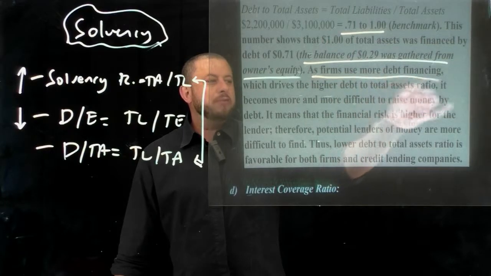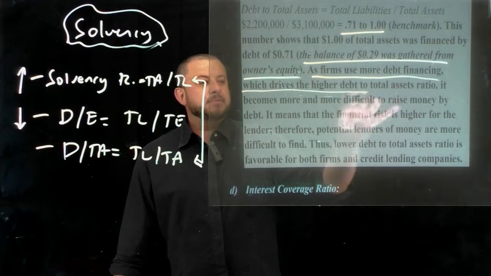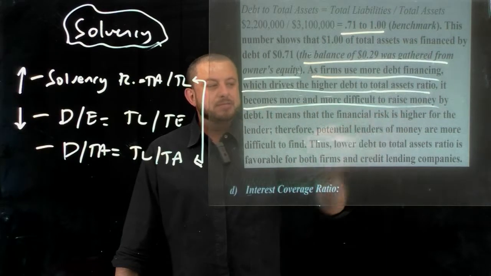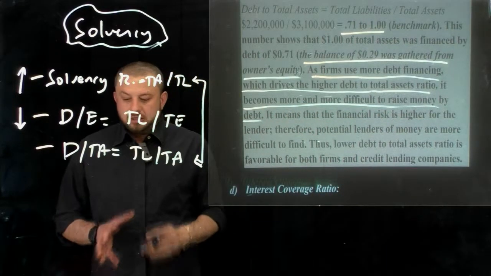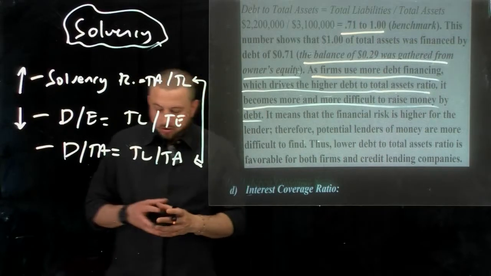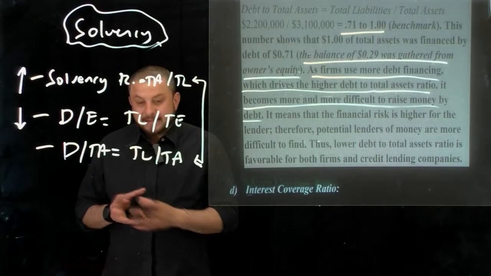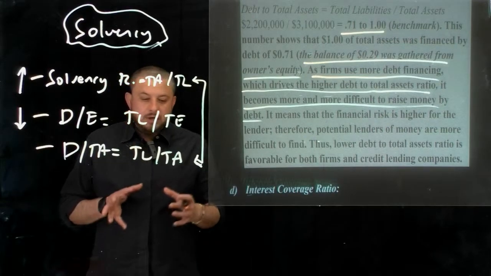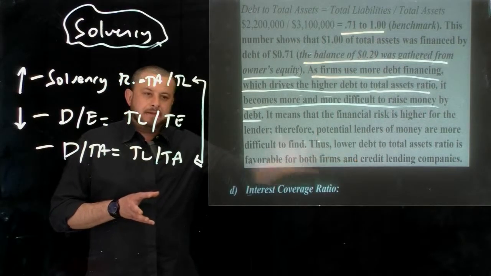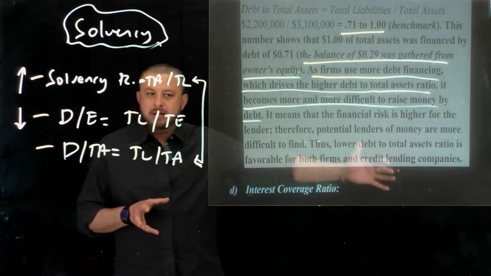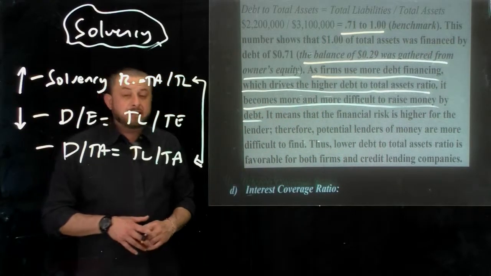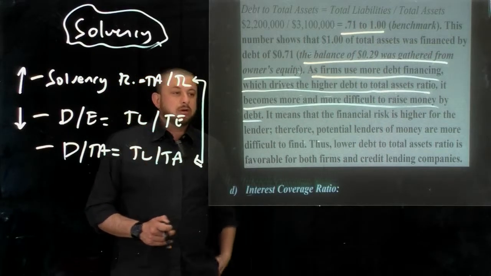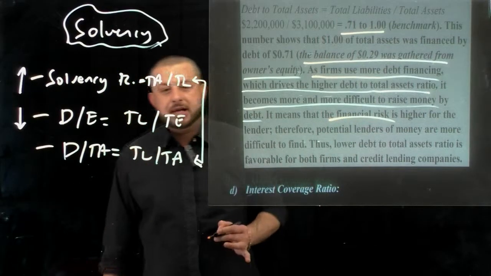As firms use more debt financing, which drives a higher debt to total assets ratio, it becomes more and more difficult to raise money by debt. Since you're using 71% of a dollar, or the entire investment, if you need an additional loan from a lender, it might be difficult this time, because you might not qualify for the additional loan because you're a financially risky company.